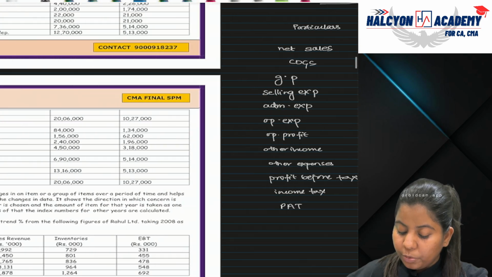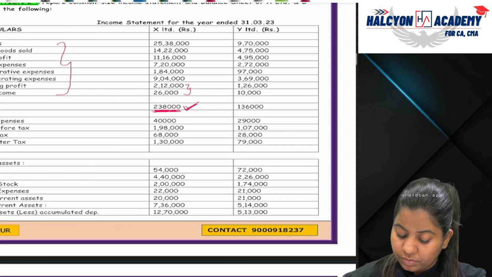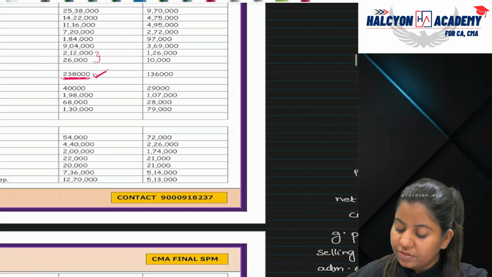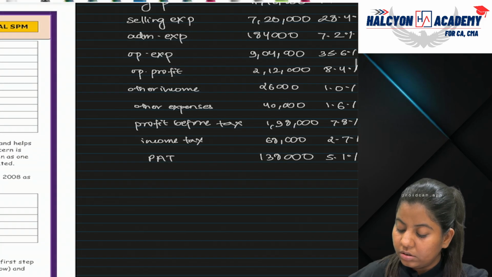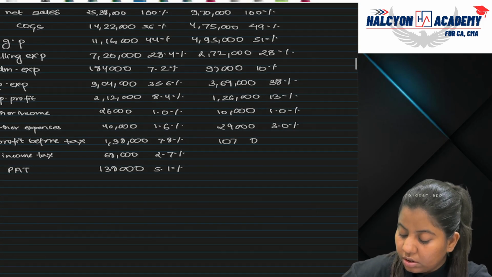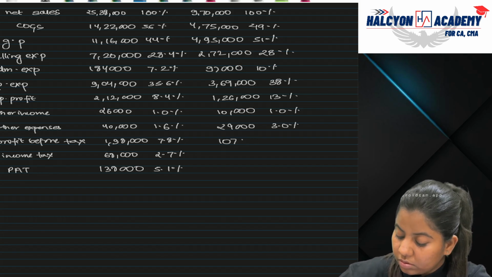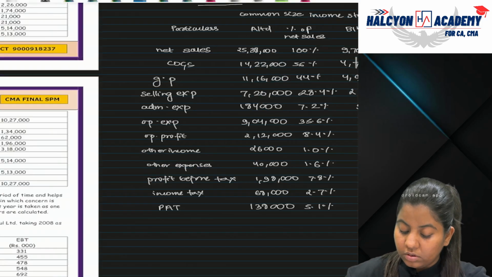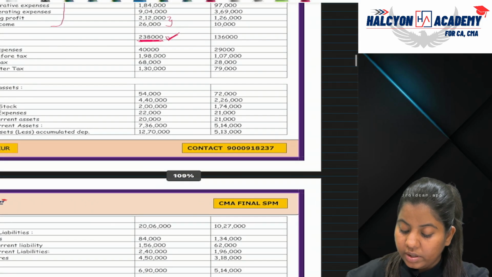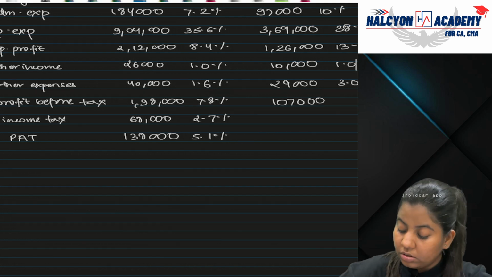Then profit before tax is 1,07,000. Income tax is 28,000 and PAT is 79,000.